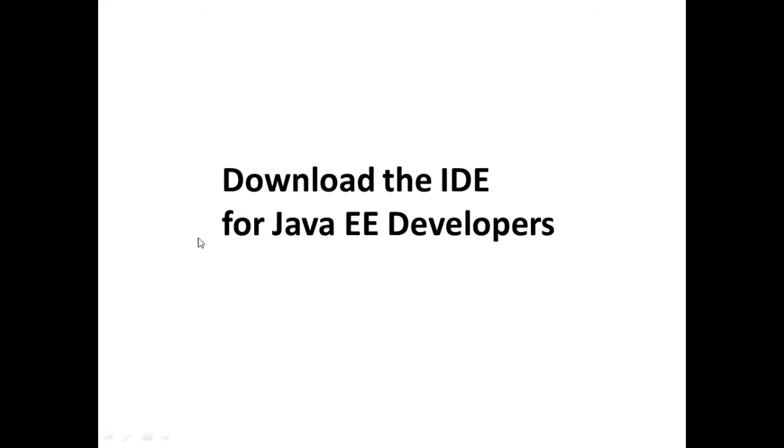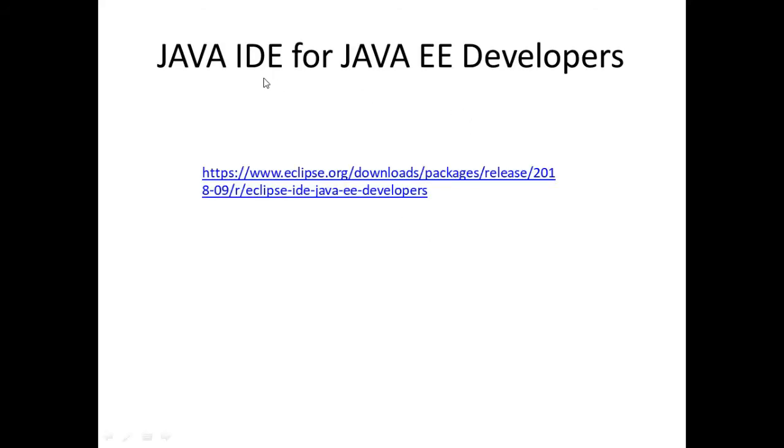So we have to download and use the Java Enterprise Edition of Eclipse, an IDE that supports Java Enterprise Edition for developers. So what I did was I went and downloaded the Java IDE for Java EE developers, and the version I have downloaded is 2018-09, and this is an older version.